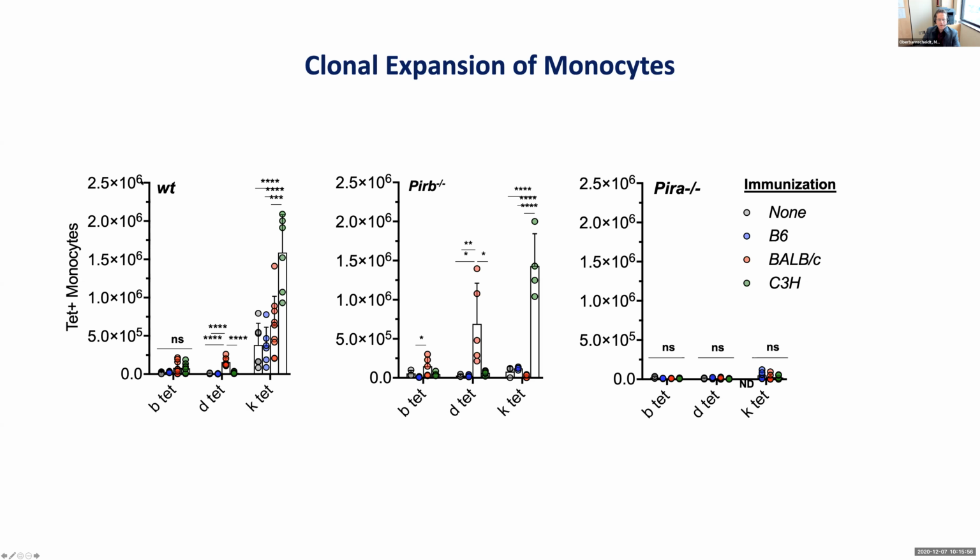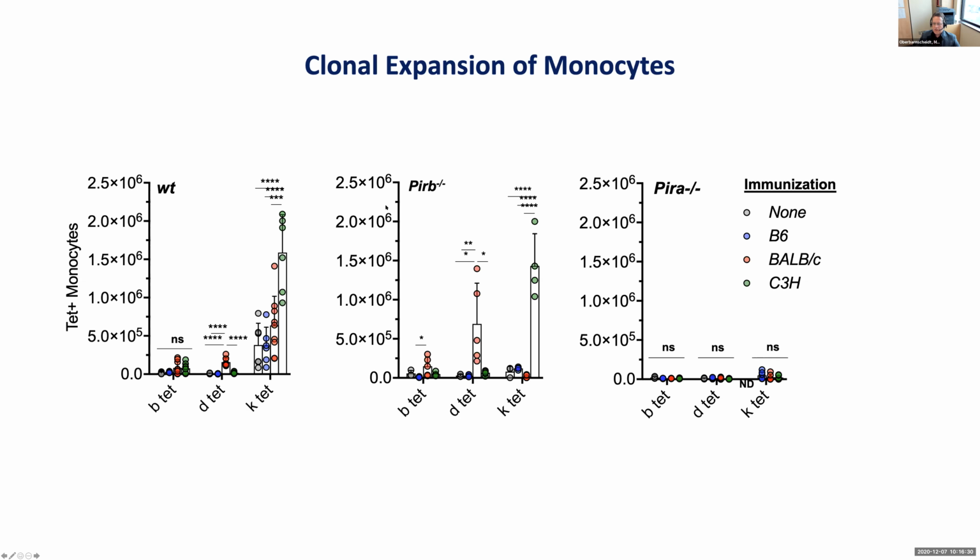And we used wild-type recipients, PRB knockout recipients, and PRA recipients. So if we first look at the wild type, what I would like to highlight is that upon immunization with BALB/c and staining with a D tetramer, we saw an increase in the monocyte population that expresses the PRA3, because we had shown that this is specific for the D tetramer.